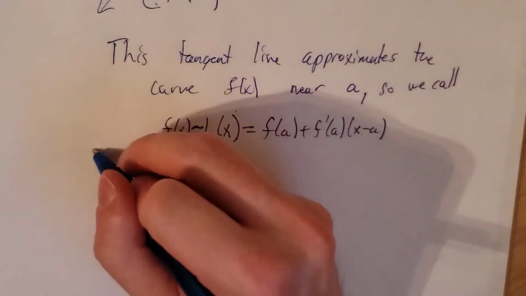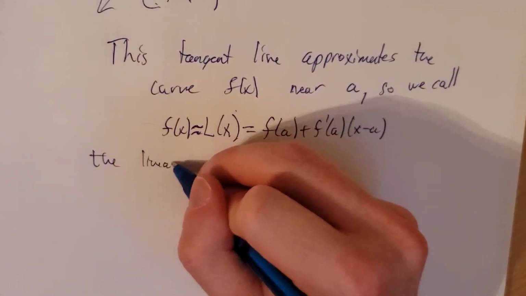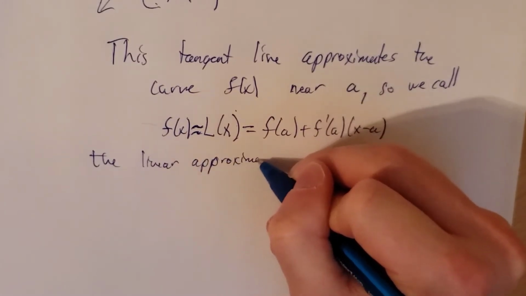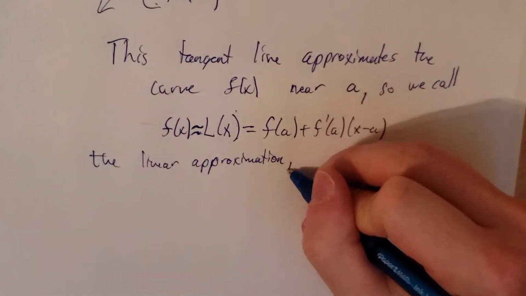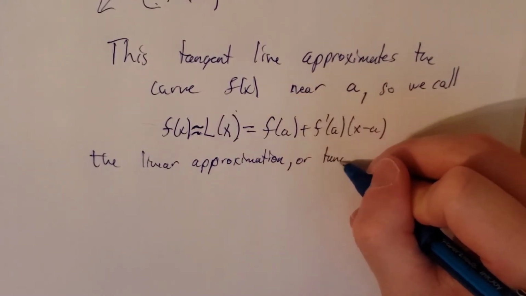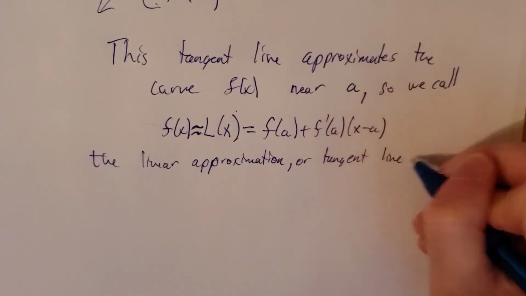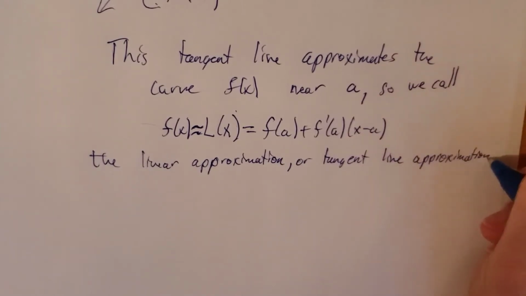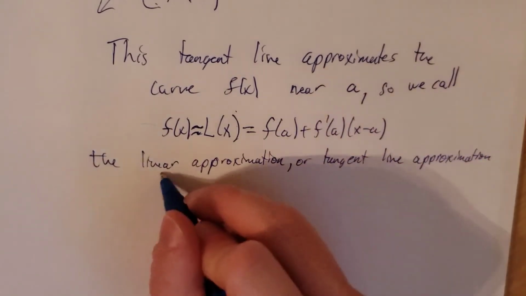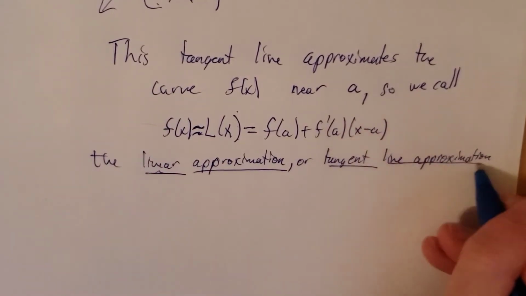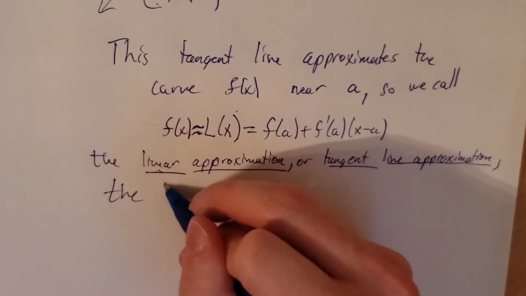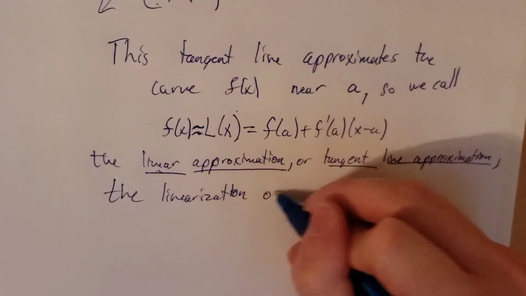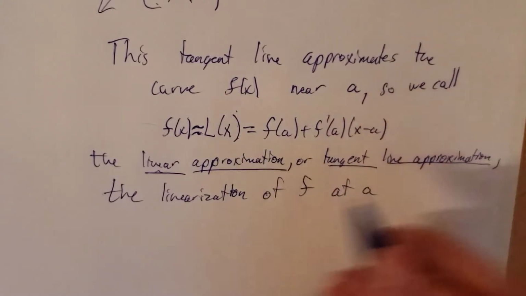We call this the linear approximation, or sometimes the tangent line approximation, or sometimes just the linearization of f at a.